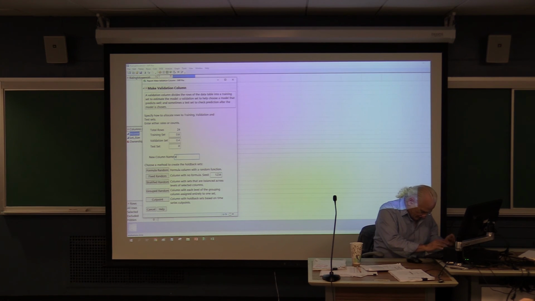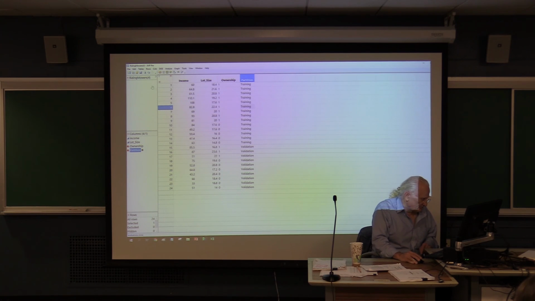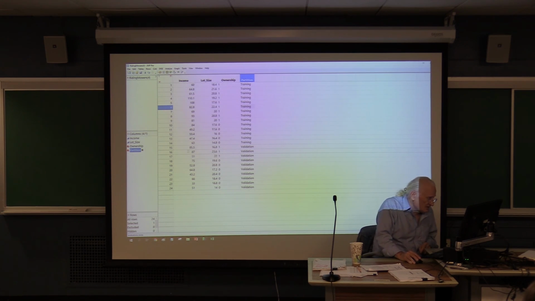I would call this partition. So here you get this, right? Now, one thing you can also do is sort things by this. You see these are my training records, and you can also pull them out and put them in separate tables, depending on what you want to do.